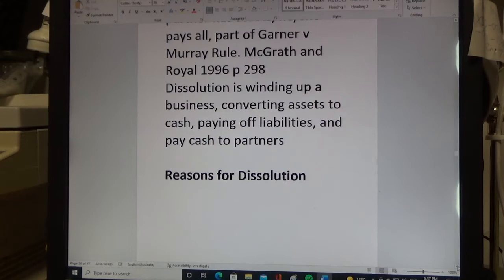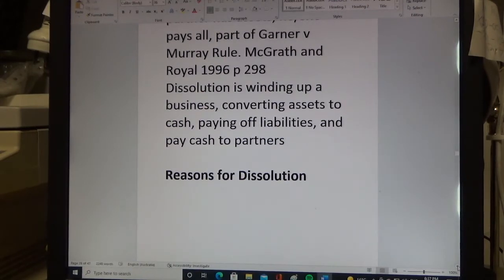So it's just done step by step until you can finally pay the cash out to the partner. So step one, pay your creditors. Step two, settle partner loans to the partnership, or maybe liabilities might be one step before that. Then you can start taking assets off the books and selling your assets.